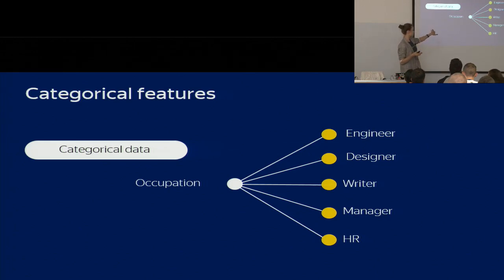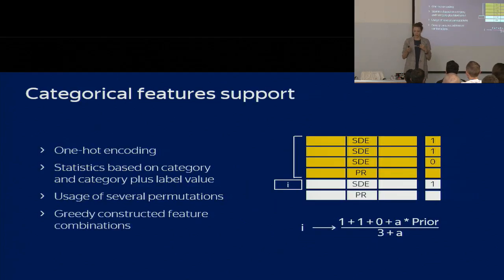For example, with occupation you have engineer, designer, writer, and so on. So with this type of data, you need to work somehow. And the main thing about CatBoost is that it works really well with this type of data. Other libraries do not work with categorical features at all, like XGBoost, or do not work optimally, like LightGBM.